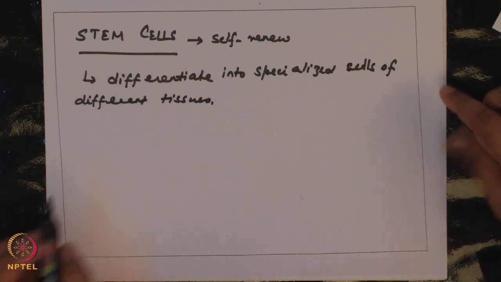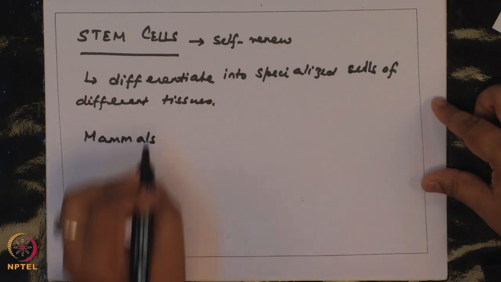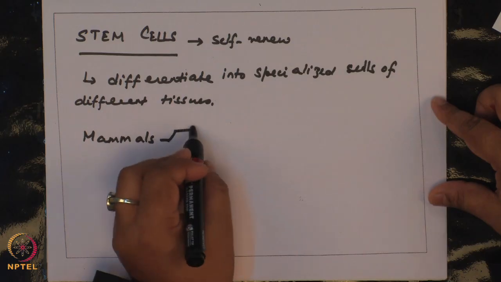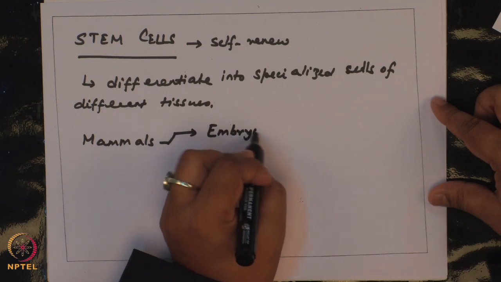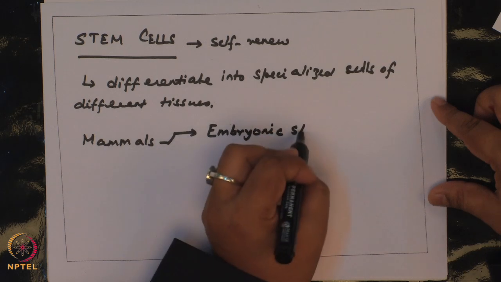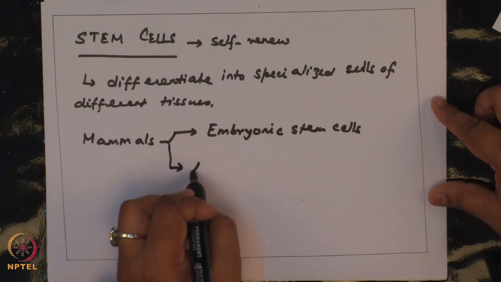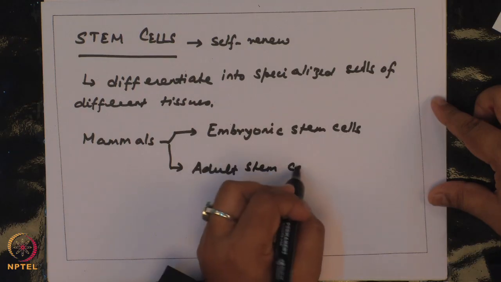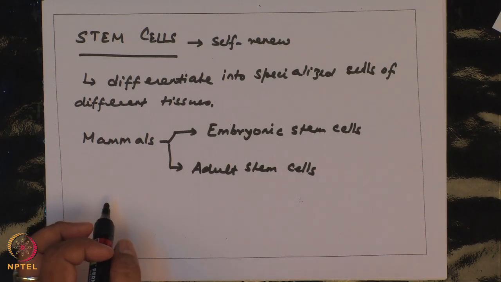In the case of mammals, you broadly have two types of stem cells: embryonic stem cells and adult stem cells. So, what are ESCs?